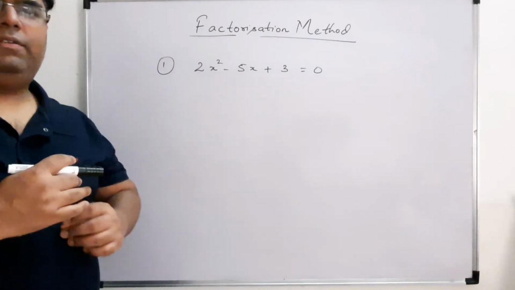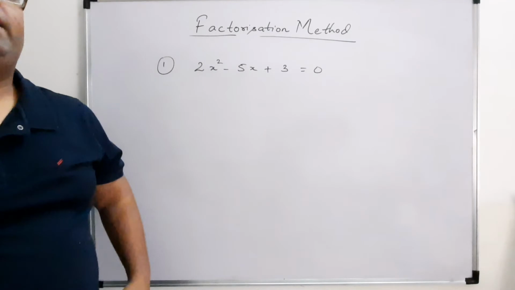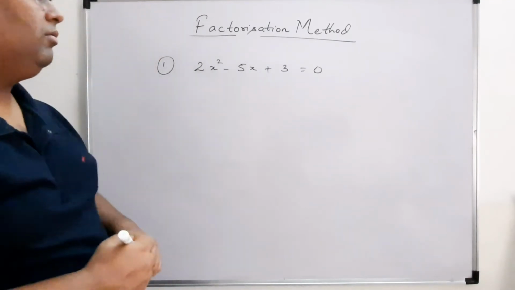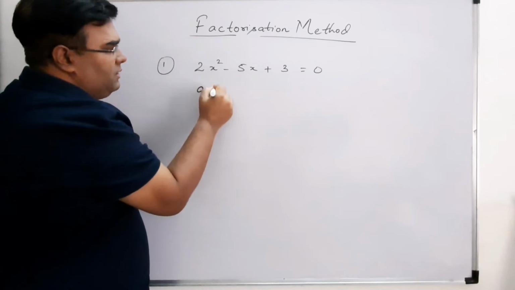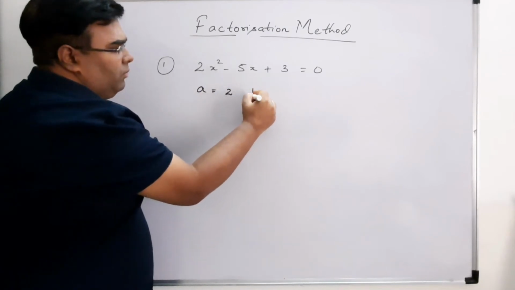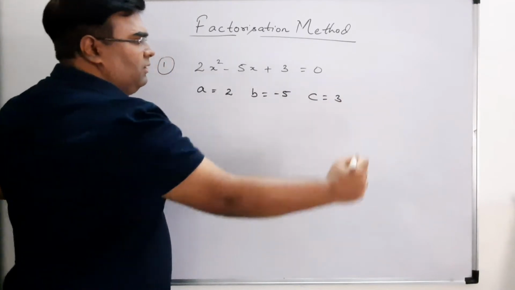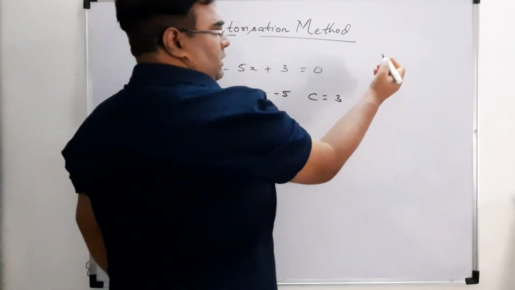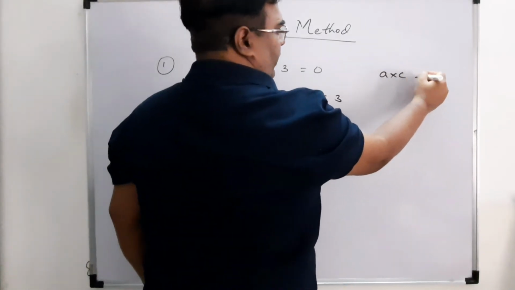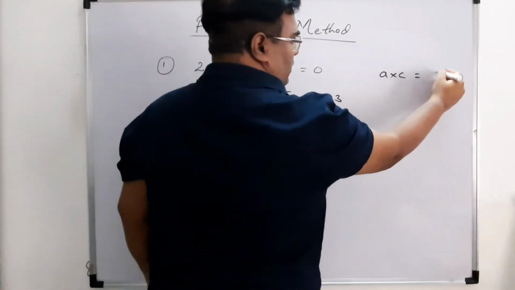Okay, let us take our first example, right? I have taken the equation 2x square minus 5x plus 3 is equal to 0. So what is it here? Our a is 2, b is minus 5 and c is 3, right? If you multiply a by c, you will get 2 multiplied by 3, which is 6.